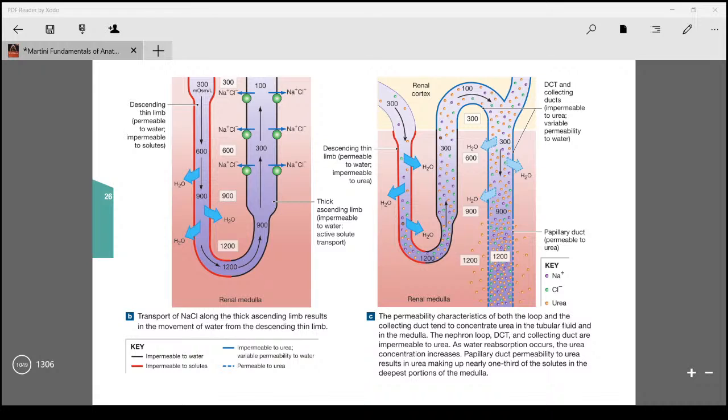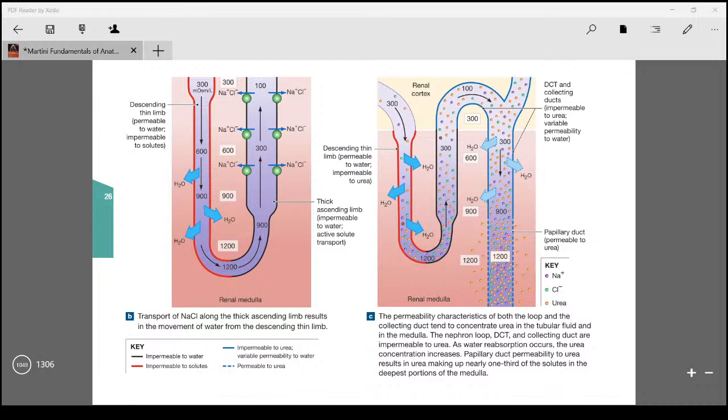Now, look at this figure. What happens in this figure is that sodium ions and chloride ions are pumped out of the thick ascending limb. Before that, I forgot to tell you about the thick ascending limb. The thick ascending limb is relatively impermeable to both water and solutes.